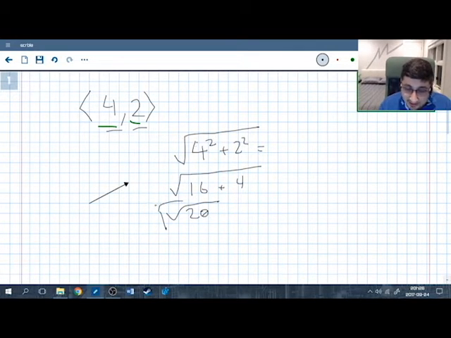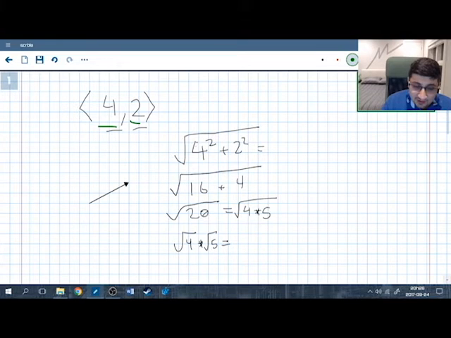And normally, you already know the exact magnitude or length of this vector over here. However, we can go a little fancier. If you want, you can rewrite this to be the square root of 4 times 5, which becomes the square root of 4 times the square root of 5.